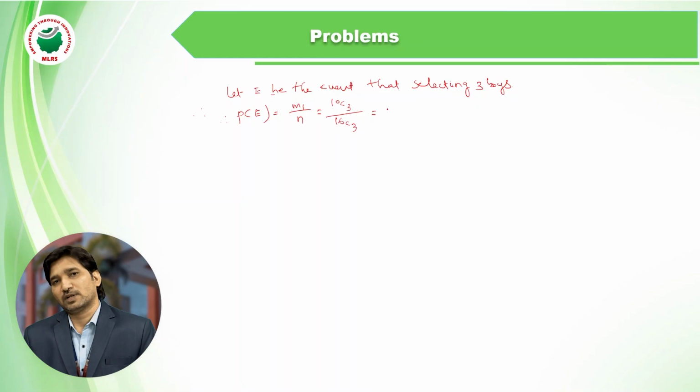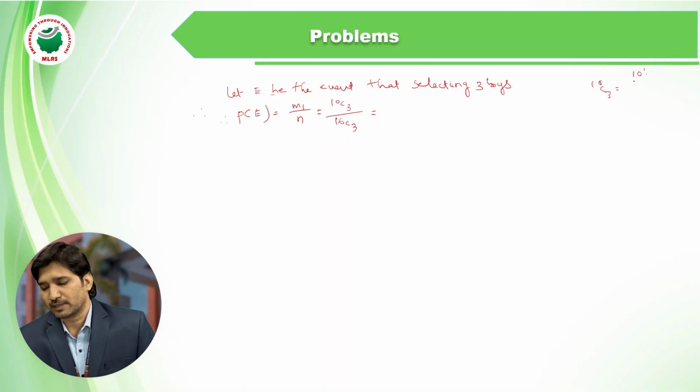Now using the formula, 10C3 means 10 factorial divided by (10 minus 3) factorial into 3 factorial. We can write that as 10 factorial by 7 factorial into 3 factorial.